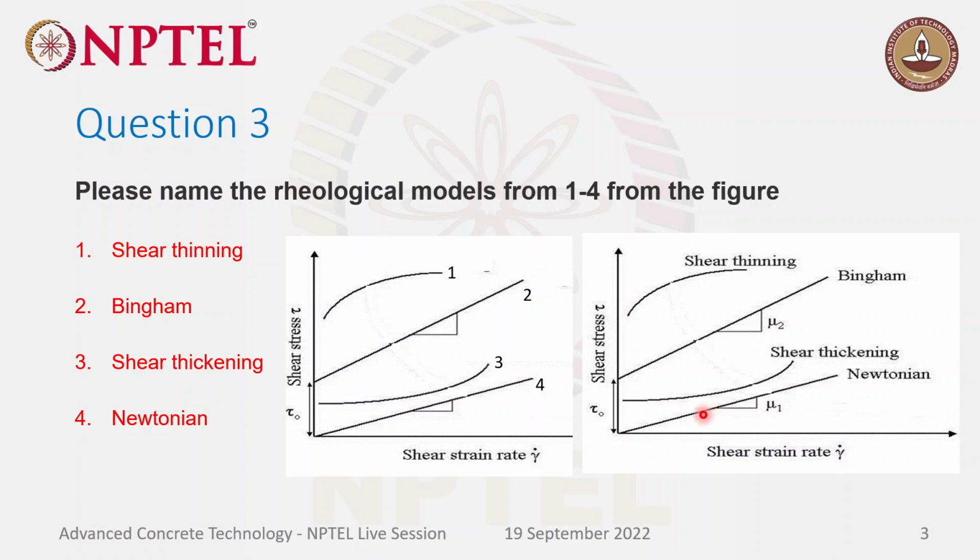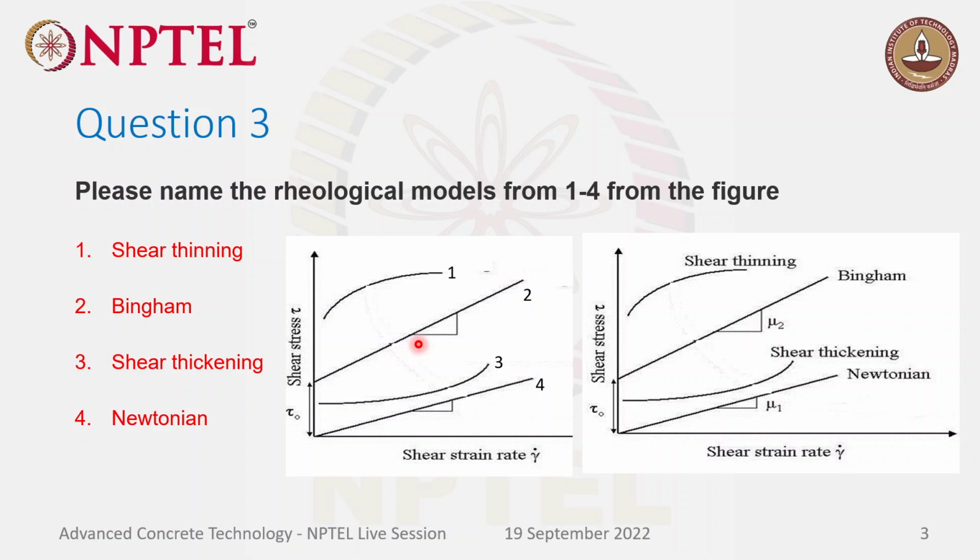Coming from the Newtonian fluid, that's number 4, and 2 is the Bingham model. The Bingham model is more or less similar to the Newtonian model, but it initially has some shear stress. Once it starts to flow, it has a linear relationship between shear stress and shear strain rate.